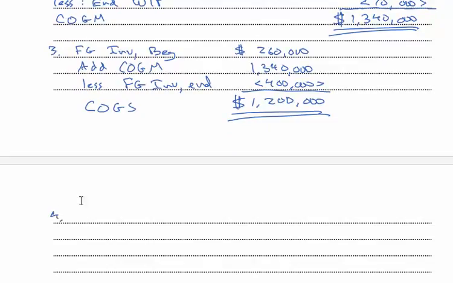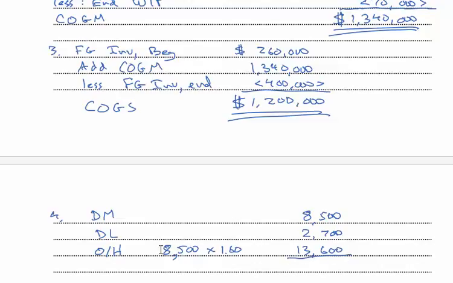So, direct material 8,500, direct labor 2,700. Overhead is applied on the basis of direct material dollars. 8,500 times our rate of $1.60 or 160%. That should give 13,600.